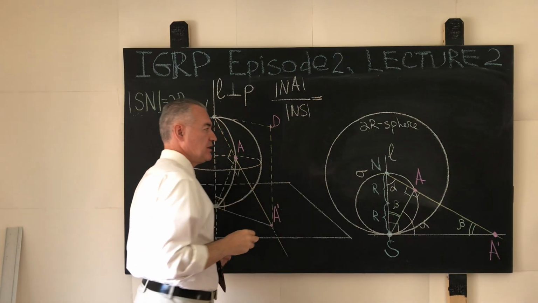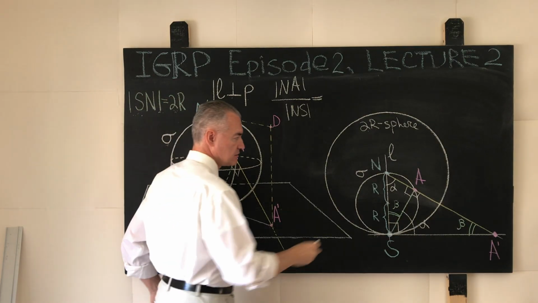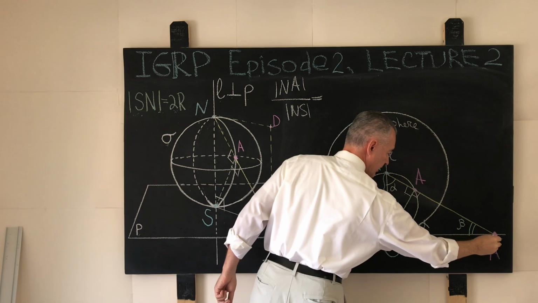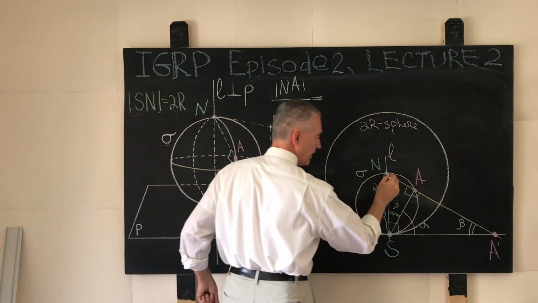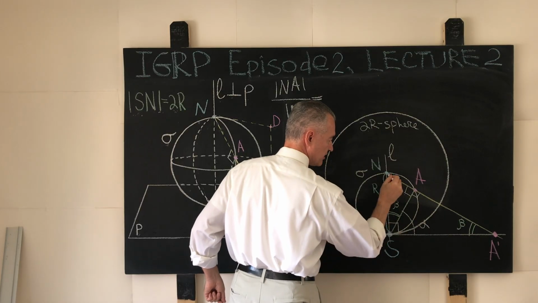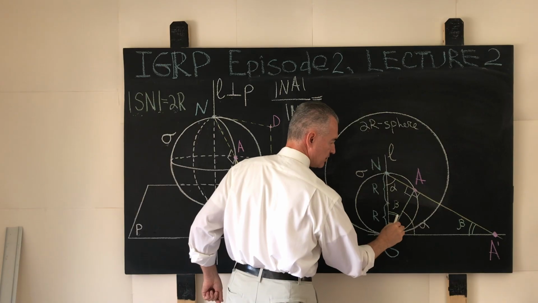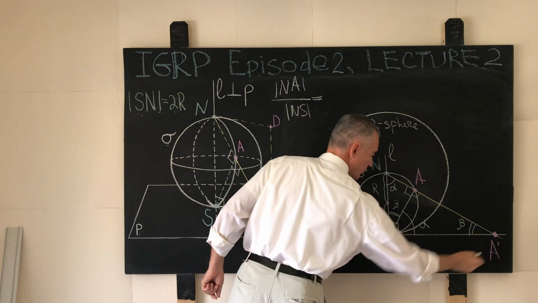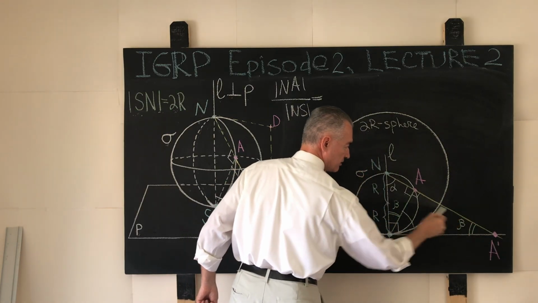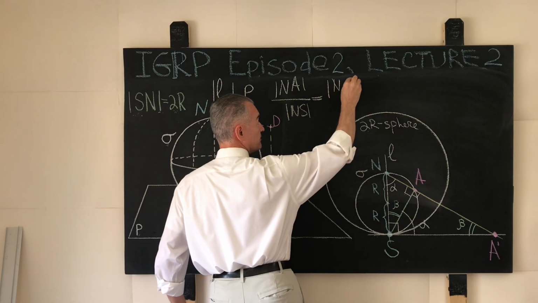What will this be equal to as a ratio in the similar triangle NSA prime? Well, that is straightforward to construct. In the triangle NAS, the side NA lies opposite which angle? Angle beta. So in the triangle NSA prime, which side lies against the angle beta? NS, exactly. So this is what we relate.